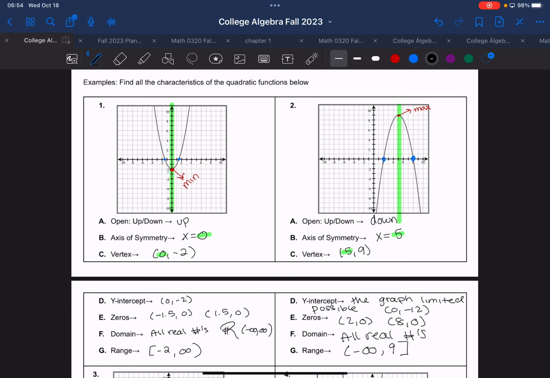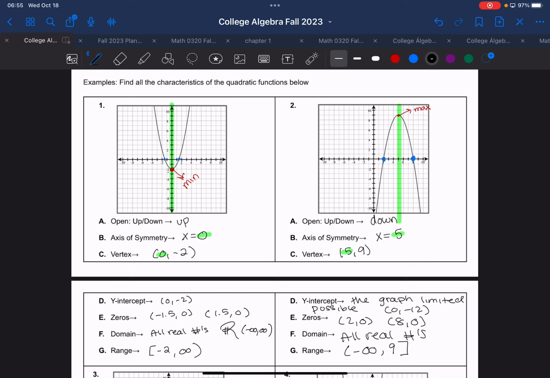So if it's a positive parabola, the number is going to be on the left side for the range? Correct. Well, positive parabola on the left side, yeah. Just think of it as the number for your minimum and your maximum, your vertex, is going to be the number you use in your range. Because notice on number 1, our vertex was 0, negative 2. And then on our range, we had negative 2 to infinity.